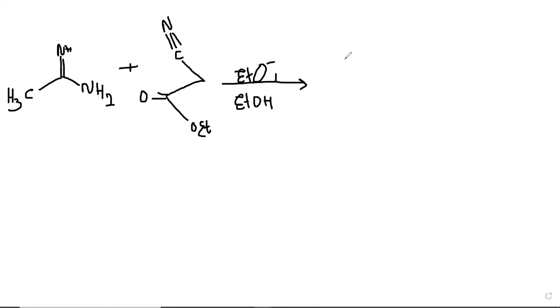Meaning that your product should be nitrogen, still with a double bond. That's CH3, even though I've not indicated it there. Then you have a nitrogen here, and then going up, a nitrogen with 2 hydrogens like that.